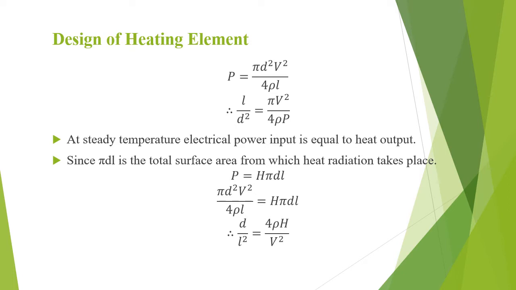Solving the two equations, that is L by d square equal to pi V square by 4 rho P and d by L square equal to 4 rho H by V square, we get the L and d parameters of the circular wire.